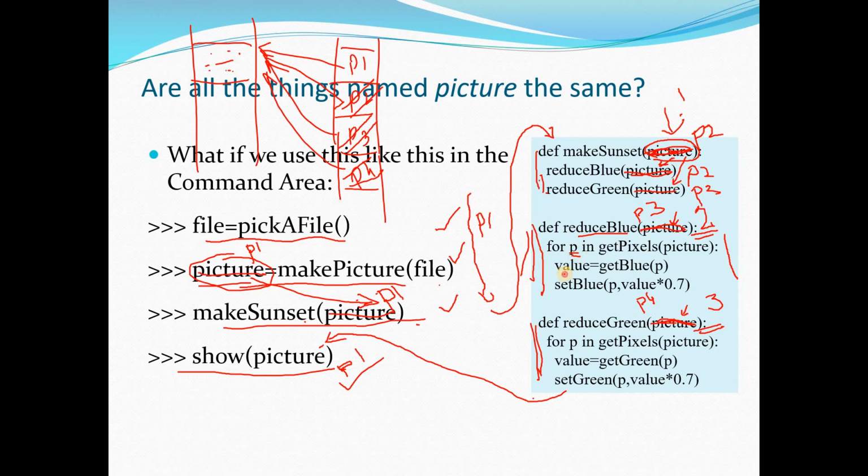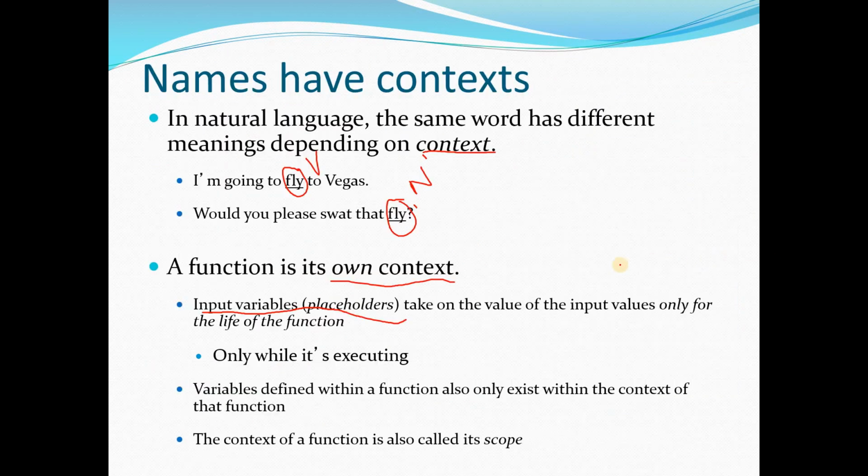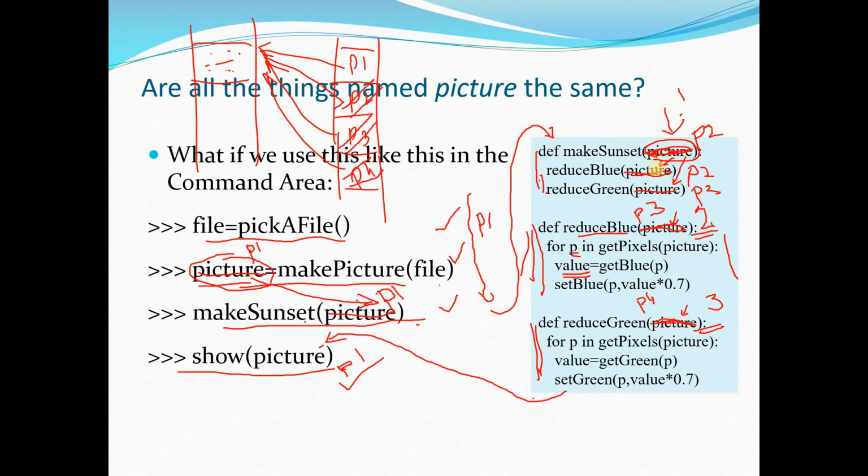I have another variable in this for loop called value. So these variables that are defined inside the function, we call them the local variables. The input variables that we define, we call them placeholders. This is an important thing for your exam also. Remember it. Placeholder is another name for input variables.